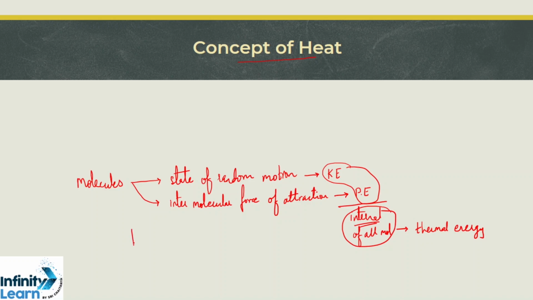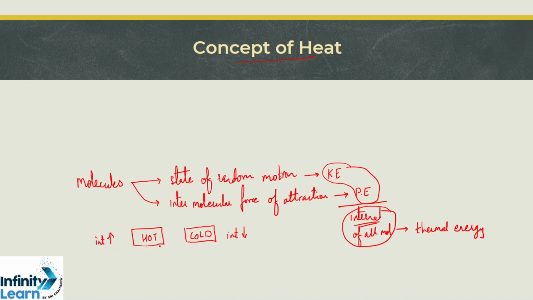Now let us say I have a body which is relatively hot and there is another body which is relatively cold. So the hotter body will have a higher internal energy and a cold body will have a lower internal energy compared to the hot body.